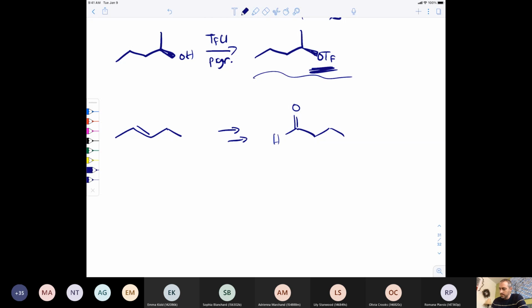How about that? That's an aldehyde. There's only one reaction we did that gives an aldehyde, and that is ozonolysis of an alkene.